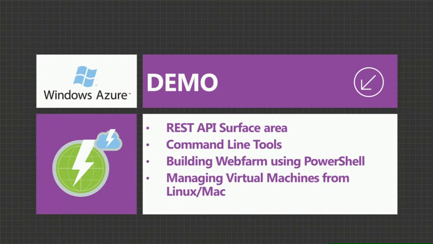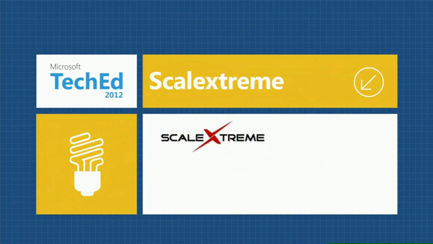All right, so we've gone through all the commandlets and the REST APIs, just to give you a bird's eye view of what you can build on the Windows Azure platform. Now, at this point, I'm very happy to invite Karthik Ram from Scale Extreme.